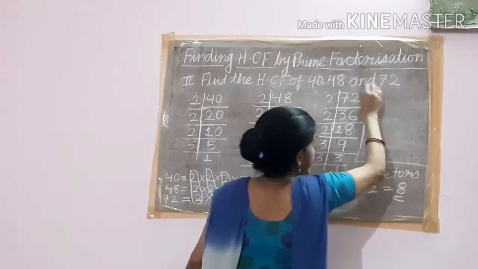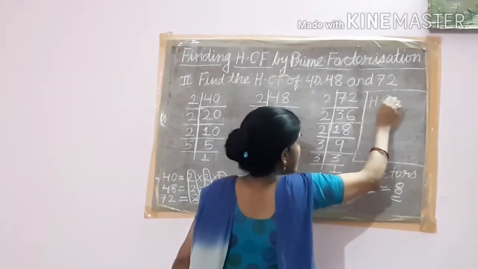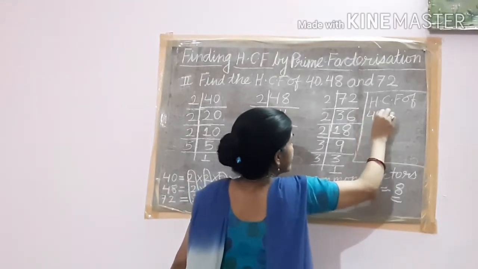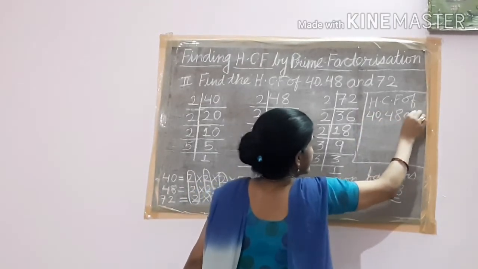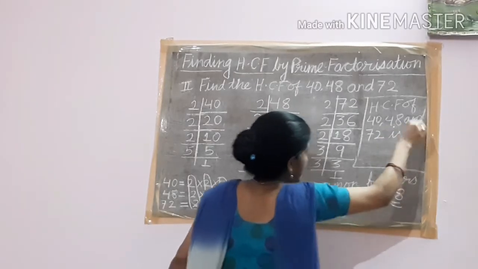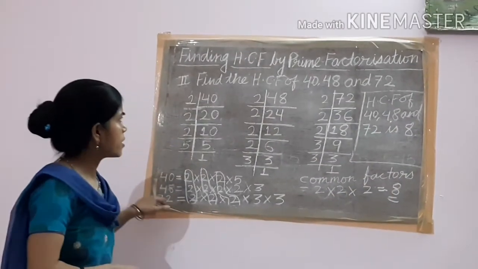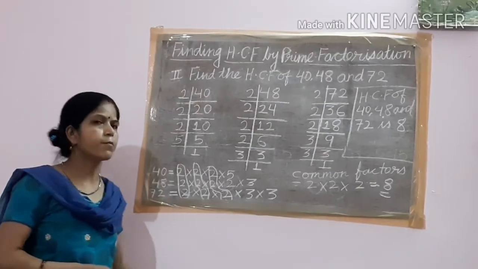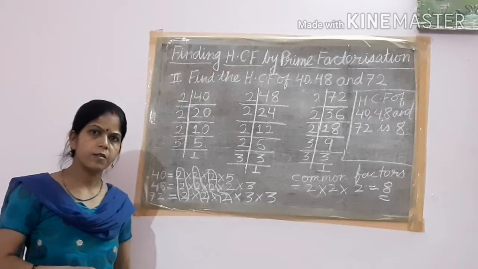I can write the answer here. HCF of 40, 48 and 72 is 8. So I hope children you have understood how to find HCF by prime factorization method.